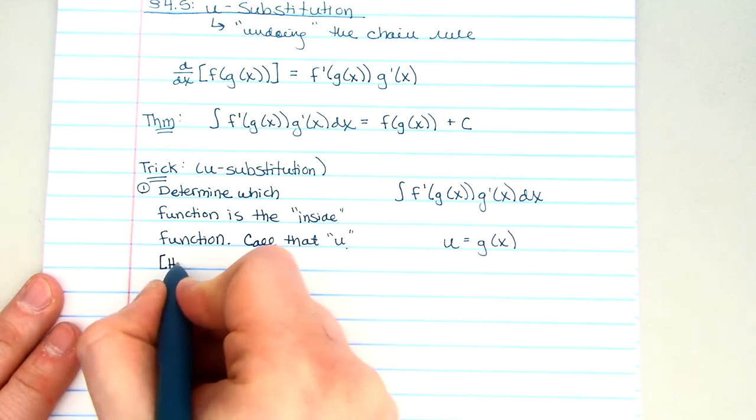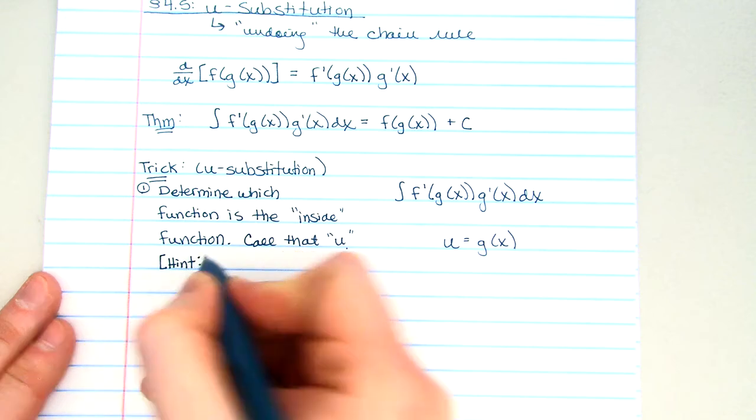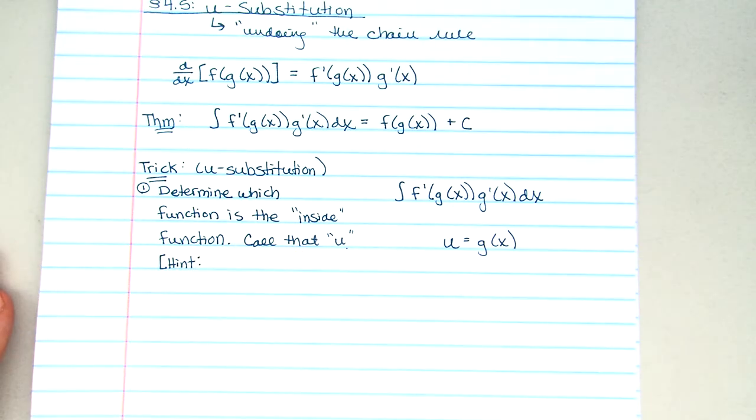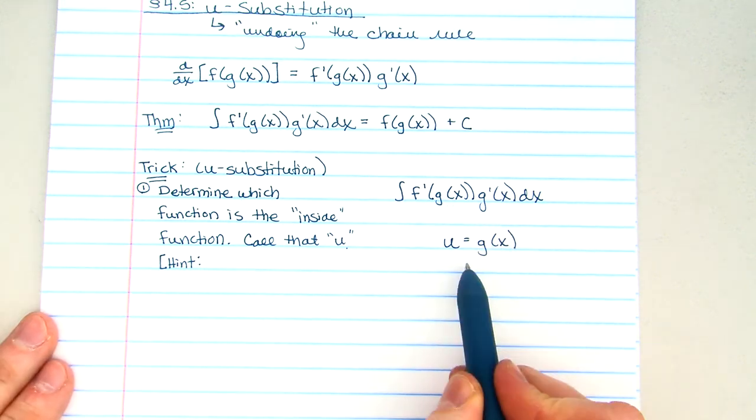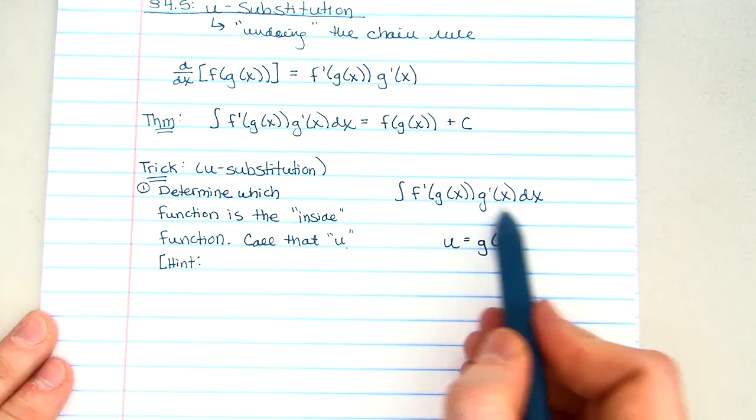And there will be a little hint for trying to figure out what the inside function is that sometimes will be more useful than other times. The hint is, for something we're about to see in a moment, its derivative should show up somewhere in the problem. Does the derivative of g of x show up somewhere in the problem? Yeah, I see a g prime there.